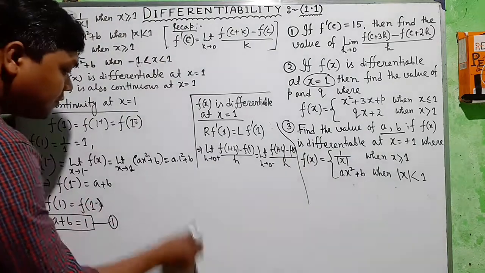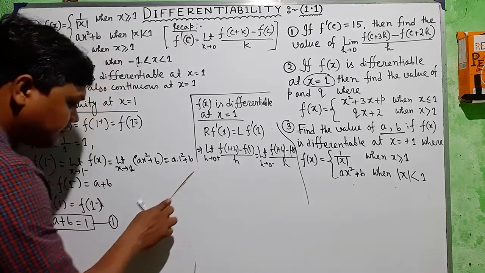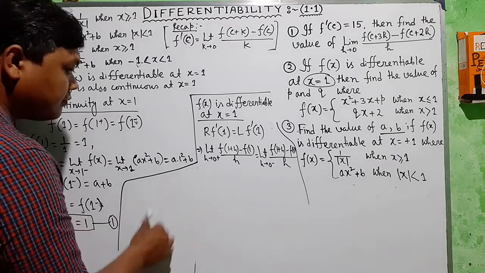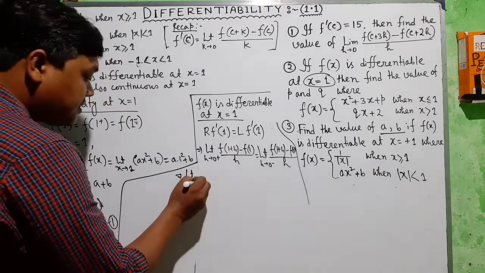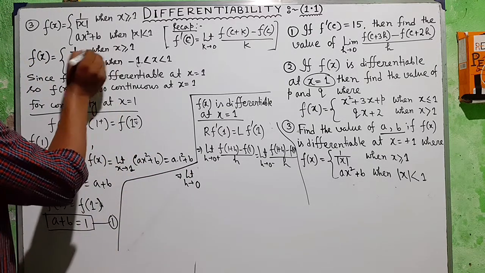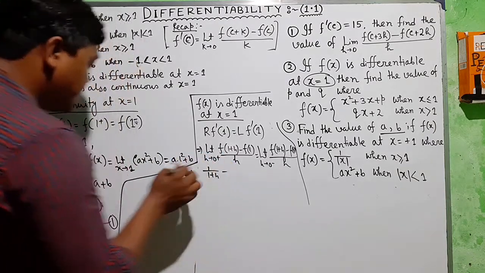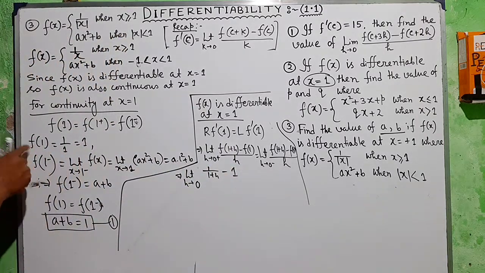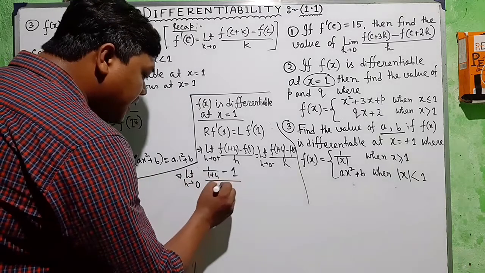Now we put the value. So limit h tends to 0 plus, f(1+h), that means greater than 1, so the function goes to 1 by x, that is 1 by 1 plus h. And what is the value of f(1)? f(1) is 1, we have already calculated, minus 1, by h.